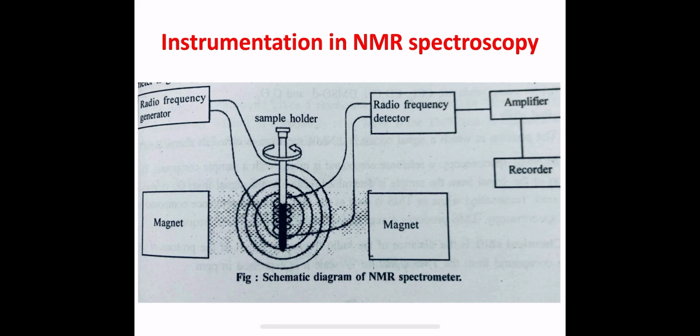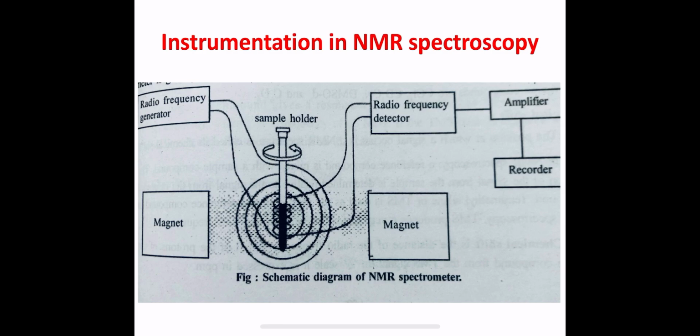The organic compound along with the reference compound, dissolved in a suitable solvent, is taken in this sample holder. And next are the magnets. Since, as the name itself says, nuclear magnetic resonance, an external magnetic field, a highly efficient external magnetic field, is required.